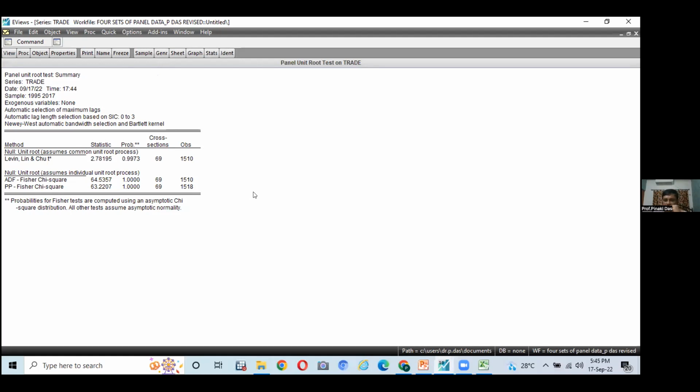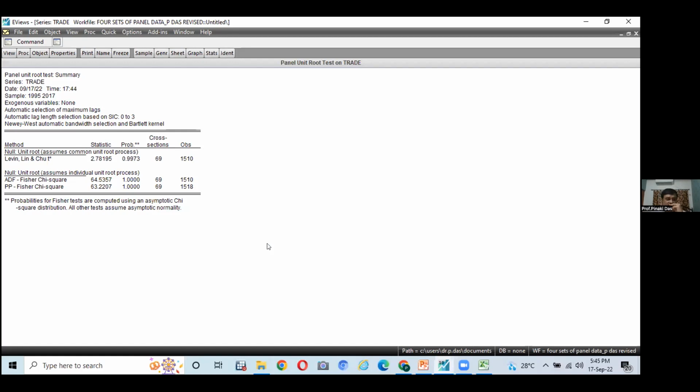Yes, out of 11, 7 are saying that it is insignificant. In case of only intercept, there are 4 results. In case of trend and intercept, there are again 4 results. And in case of the none type of equation, no intercept and no trend, there are 3 results. Therefore, in 3 alternative specifications of the equation, we have 4 plus 4 plus 3, 11 total results. In the first step, out of 4, 2 are statistically significant. In the second type of equation, out of 4, 2 are statistically significant.